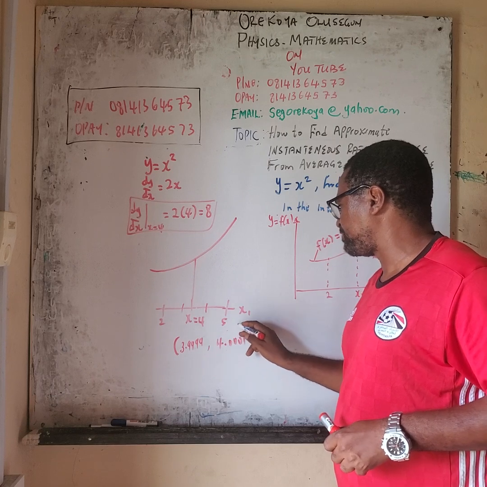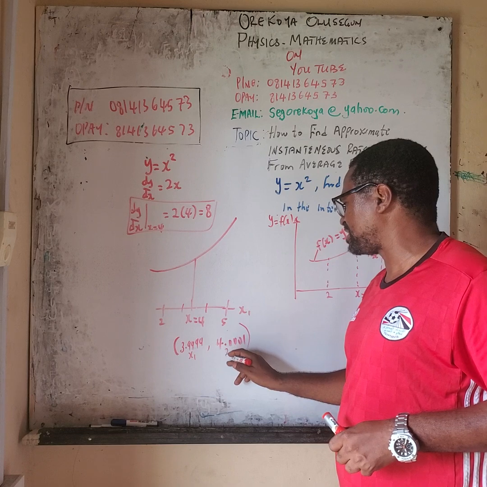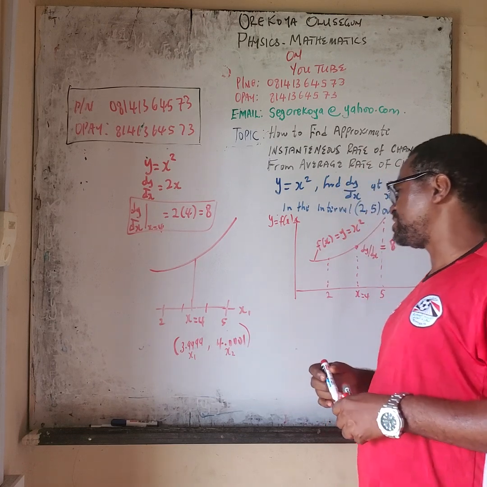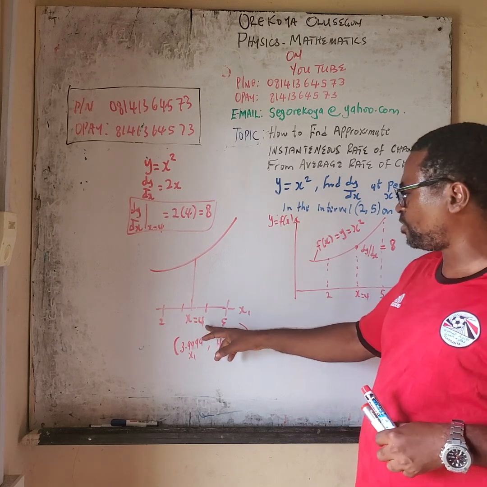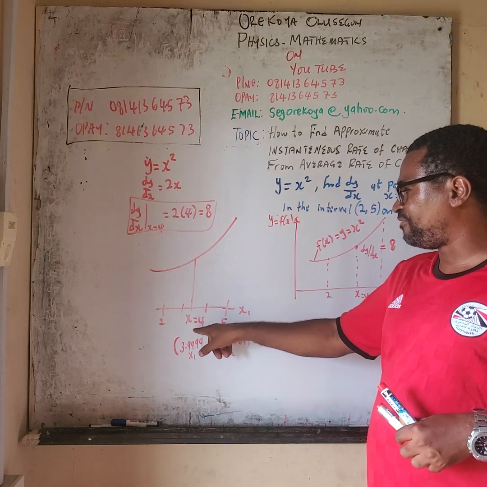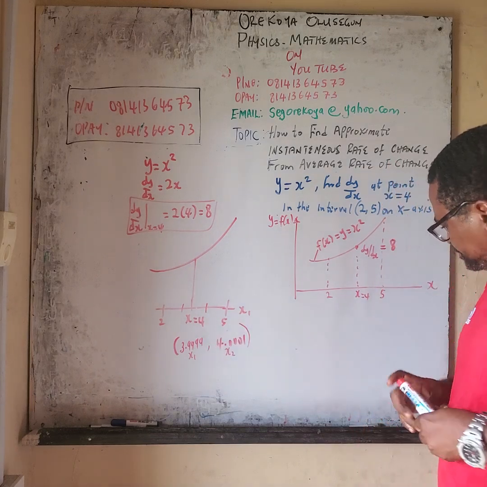So you can see I will use these as my x1 and x2 in calculating the average rate of change, so that I would see what my answer will be for the instantaneous rate of change when the value of x is equal to 4.